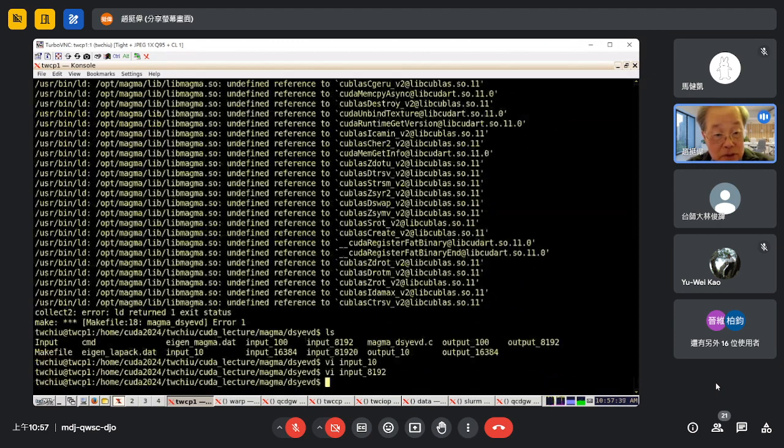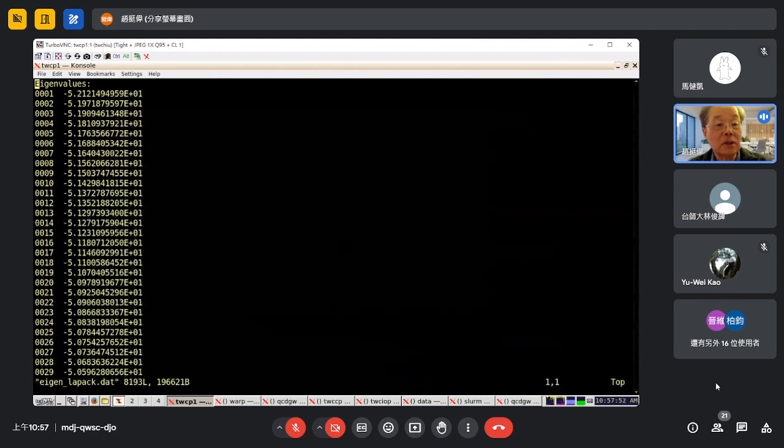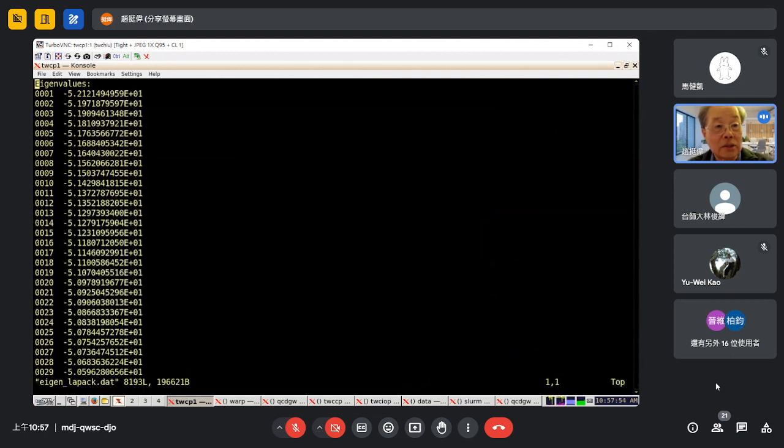So the results are in eigen MAGMA DAT and also eigen LAPACK DAT. You can see the eigen LAPACK DAT here. This is the result. You can see the eigenvalues. The total number of eigenvalues is 8192, because the matrix is 8192 by 8192.